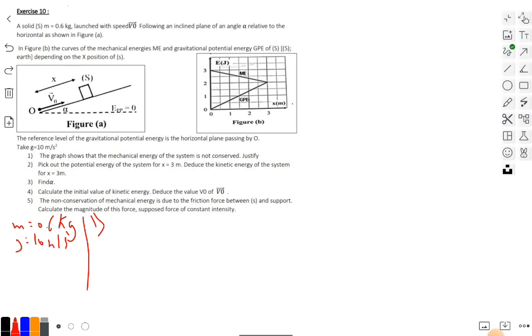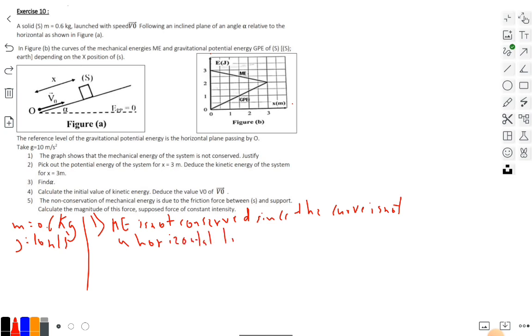So the mechanical energy is not constant, it is not conserved, since the curve is not a horizontal line; it's not constant, it decreases.